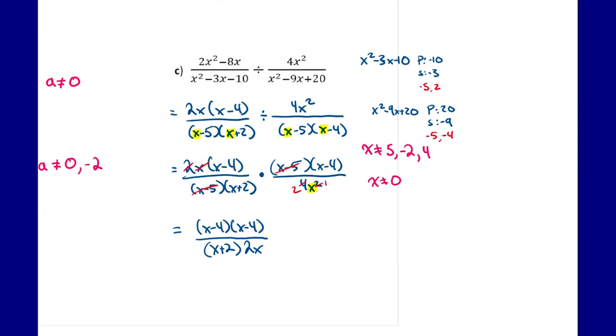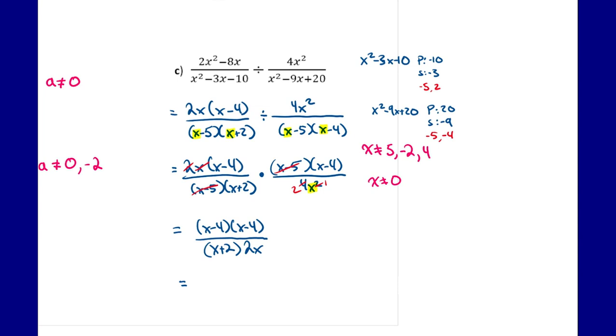No new restrictions, right? No new factors in the bottom, so nothing new there. In terms of canceling things out, there's nothing else I can really cancel out. I don't think there's anything else.